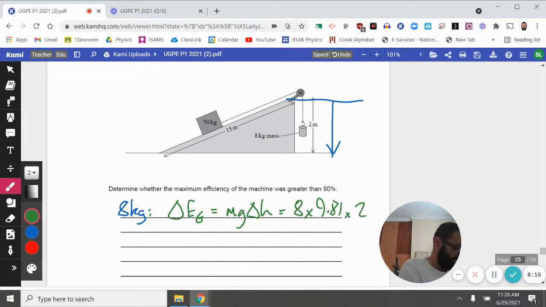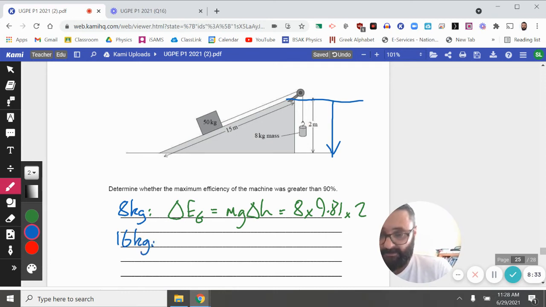For the 50 kilogram mass, the change in gravitational potential energy, again, is mg delta H.